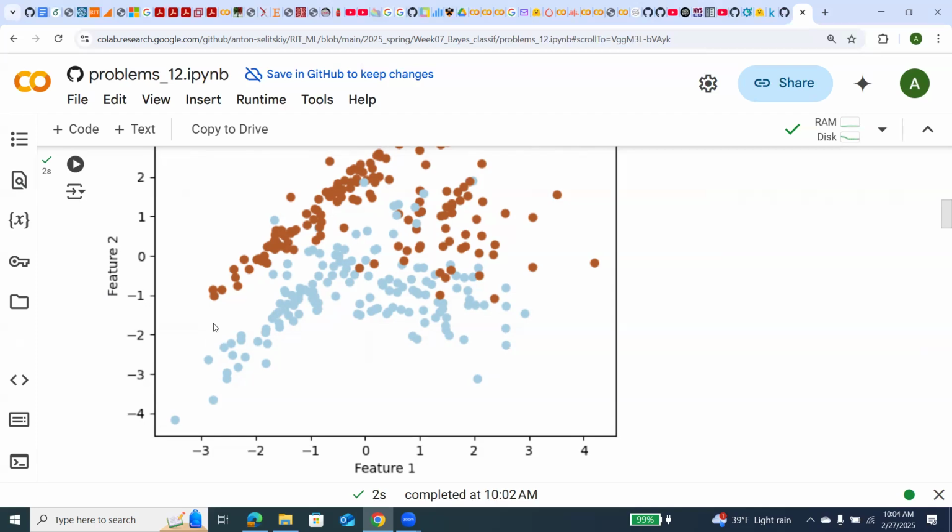So we will assume the distribution for the point x for class 1 is normal with parameters mu 1 and sigma 1.